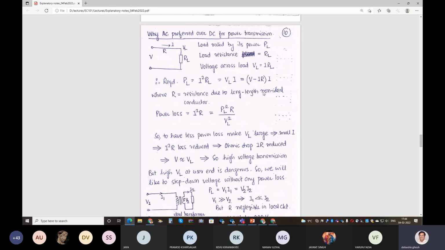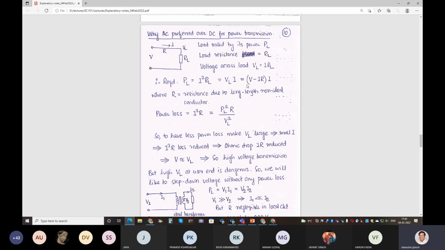Even a copper wire offers some resistance, and it is more prominent if you are transmitting power from a grid station, from one city to another, or from city to village. Obviously your conductor will be very long, so even if it is copper or aluminum, it will offer some resistance.